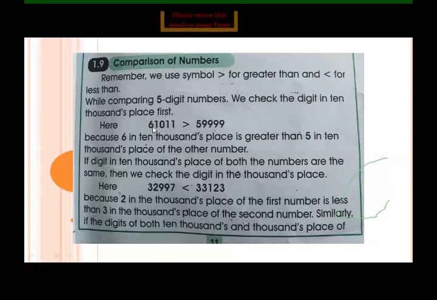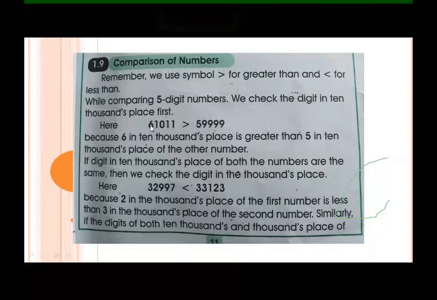First of all, what we have to see first, starting from the left side, not from the right side. Starting from the left side, we have to check the first digit. Here the first digit is 6, that is at the place of 10,000, and here the first digit is 5, that is at the place of 10,000. What do we have to do when we do comparing? First of all, we have to check the first digit from both sides.